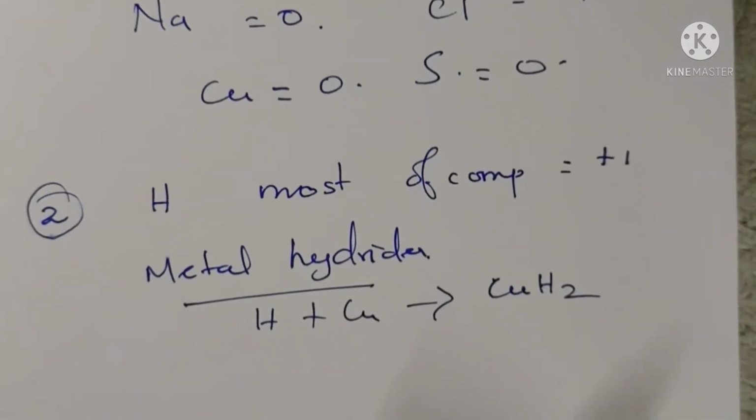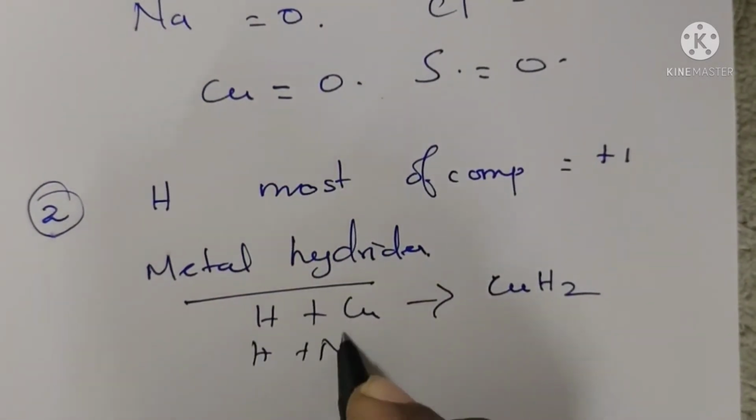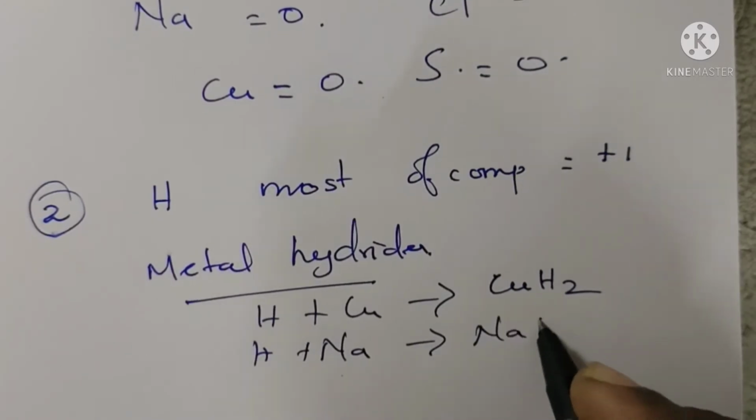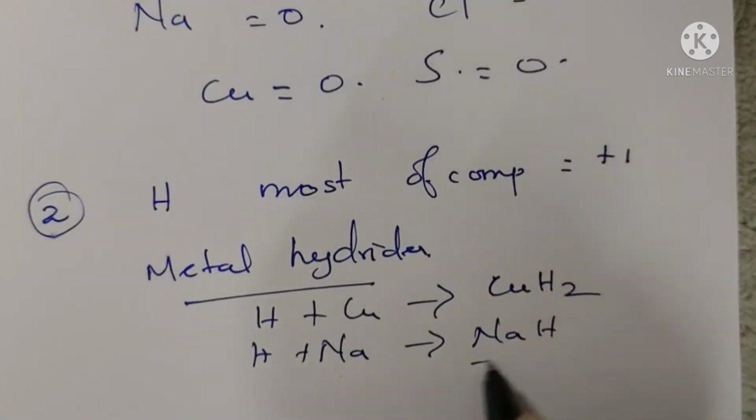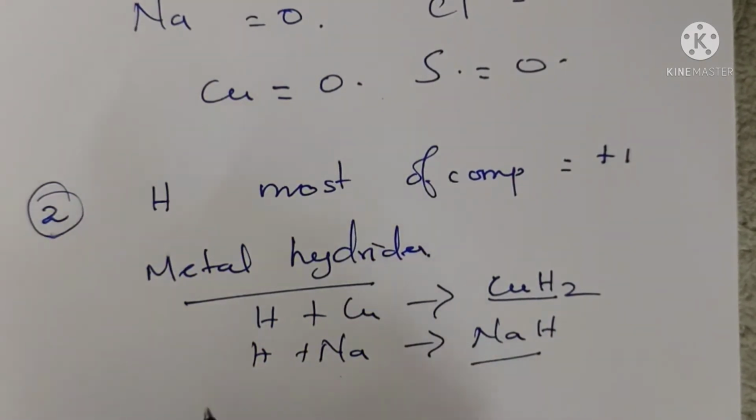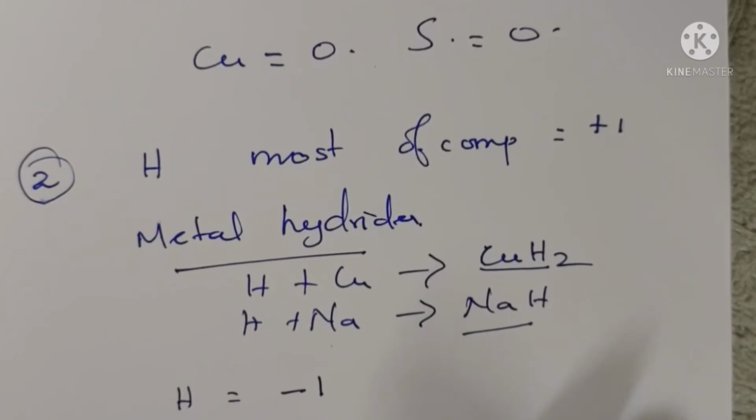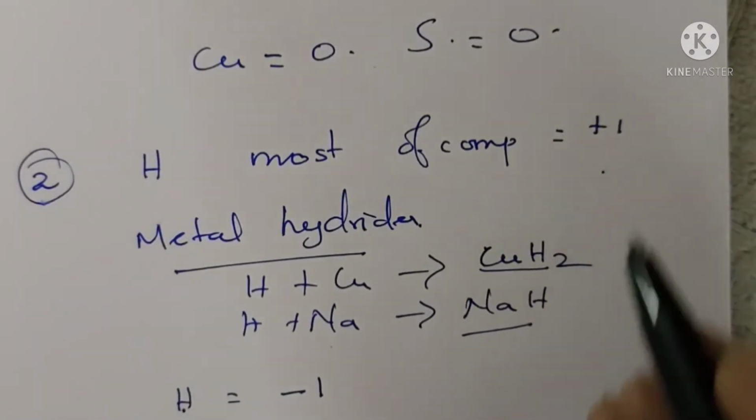Suppose hydrogen combines with sodium, we get NaH. These are called metal hydrides. In metal hydrides, the oxidation state of hydrogen is -1. In all the other cases, the oxidation state of hydrogen is +1.